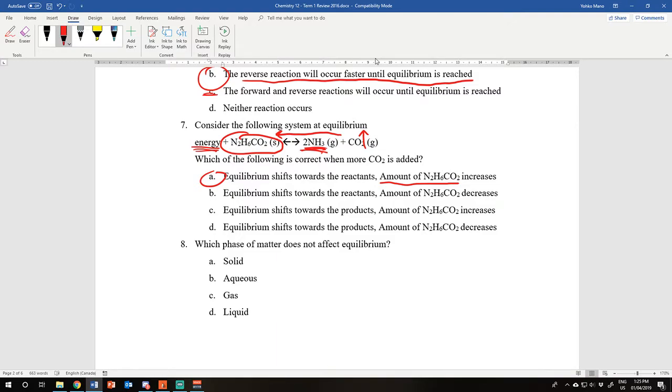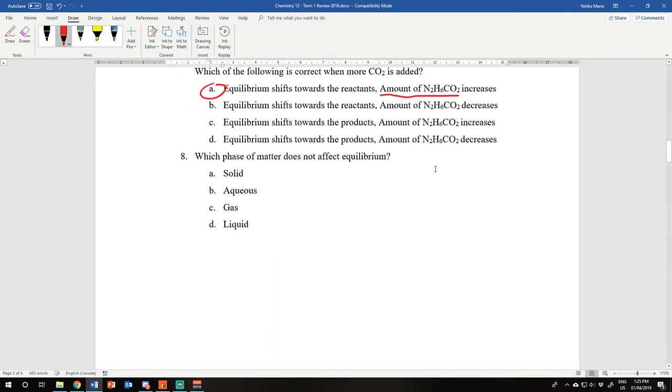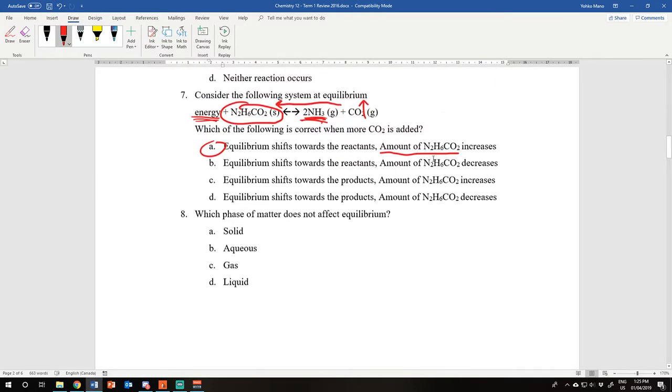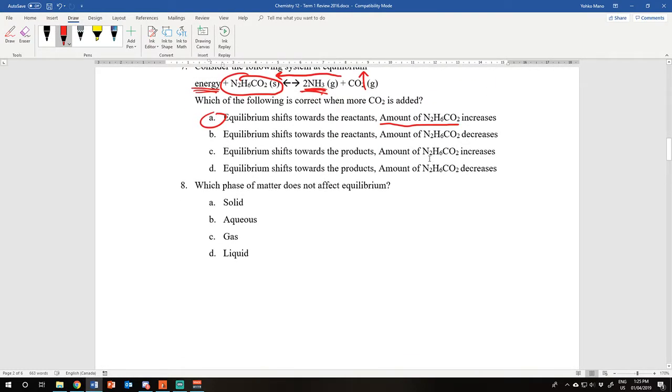All right, this next question's kind of tricky, and I've had students answer this in one of two ways, and both ways I actually accepted. The first and simplest one is simply this, because we know that solids do not affect equilibrium. Because of the way that solids behave in real life, they don't actually affect equilibrium. But other students have also answered this with a note: if only one liquid is present.